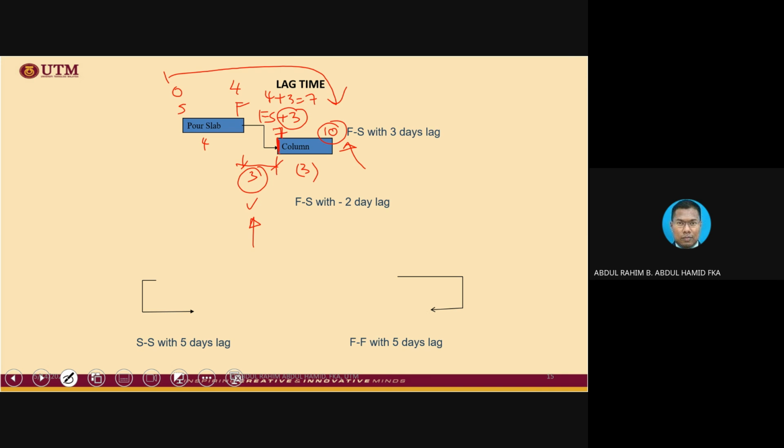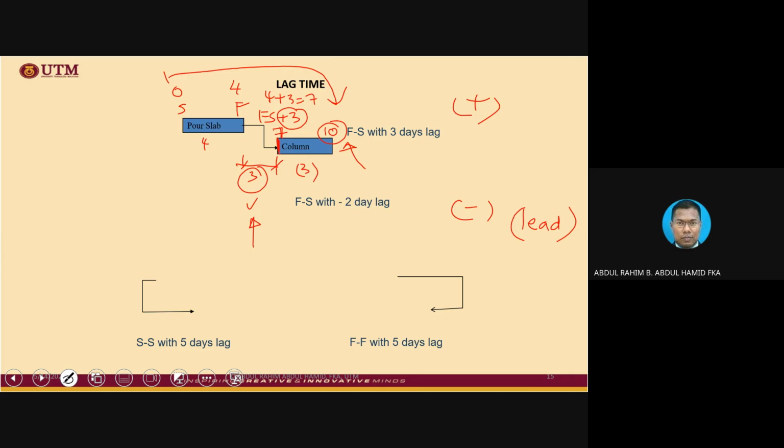Okay? So remember, lag can be positive or lag can be negative. Sometimes the negative lag I would normally call lead instead of lag. This is the term that I normally use, but we can use positive lag or negative lag anyway.